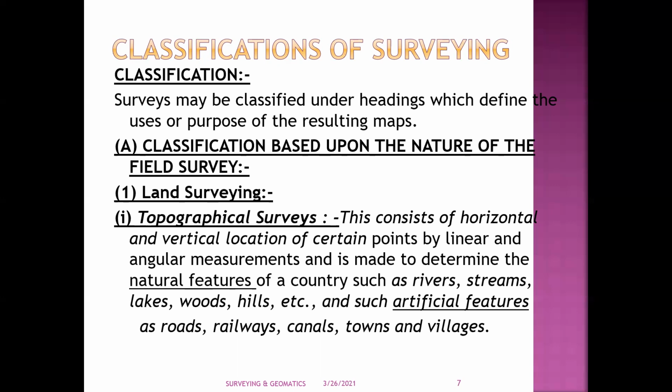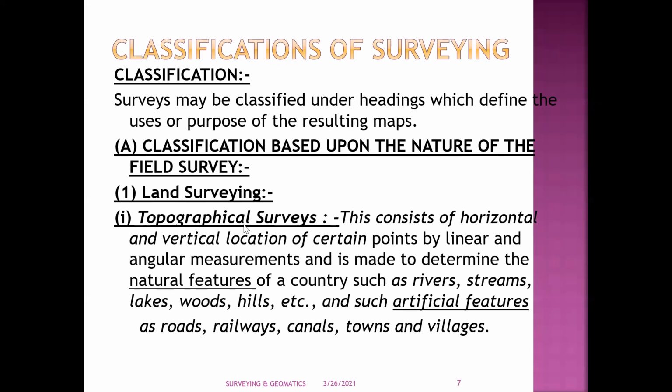So ఈ topographical surveying లో vertical location of points by linear and angular measurements, we determine the natural features of the country such as rivers, streams, lakes, and we are determining and showing them by using topographical surveys.